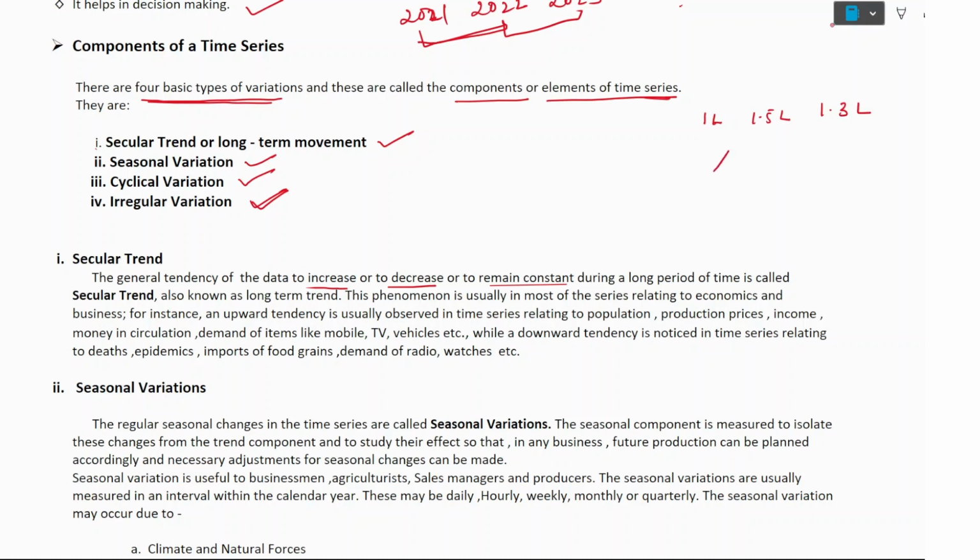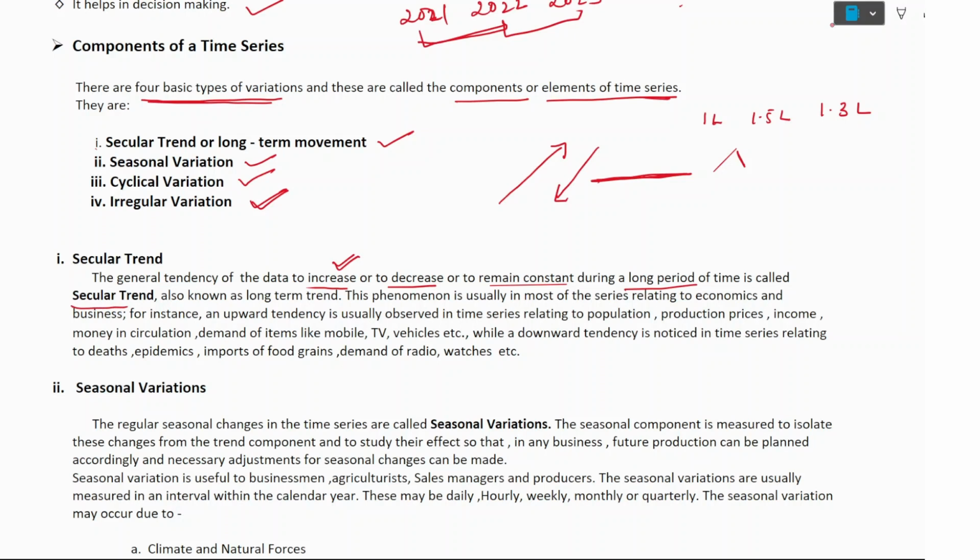Here from 1 lakh the sale is increased to 1.5 and again it is decreased. But here what it is telling is that there is a general tendency to increase, means it keeps on increasing or keeps on decreasing, or otherwise it always remains constant, during a long period. This is called the secular trend. It is also known as long term trend.